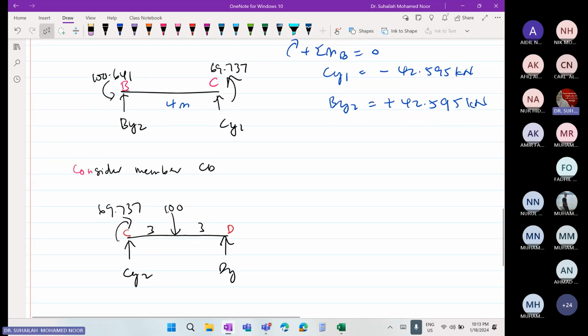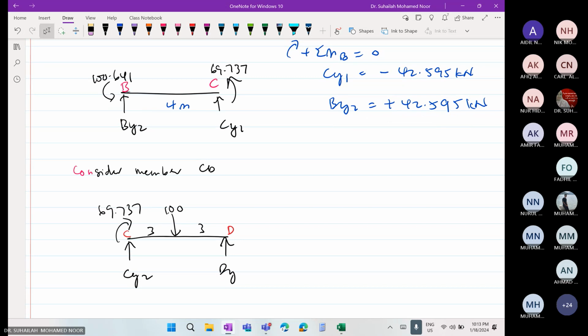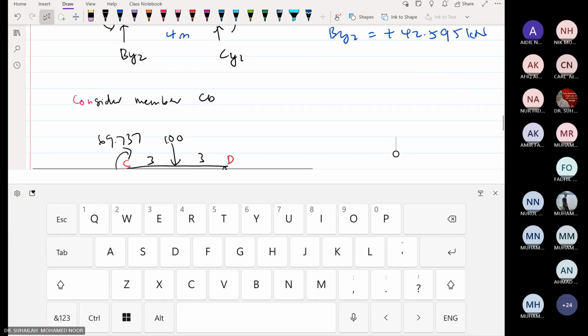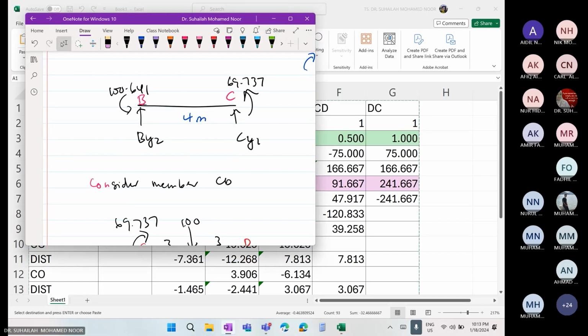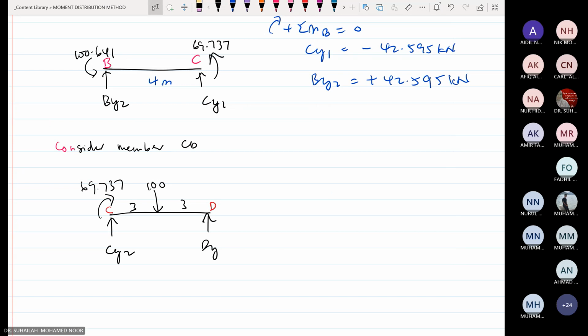Okay, now consider member CD. Taking moment at C. 69.737 positive, plus 100 times 3, we divide by 6.